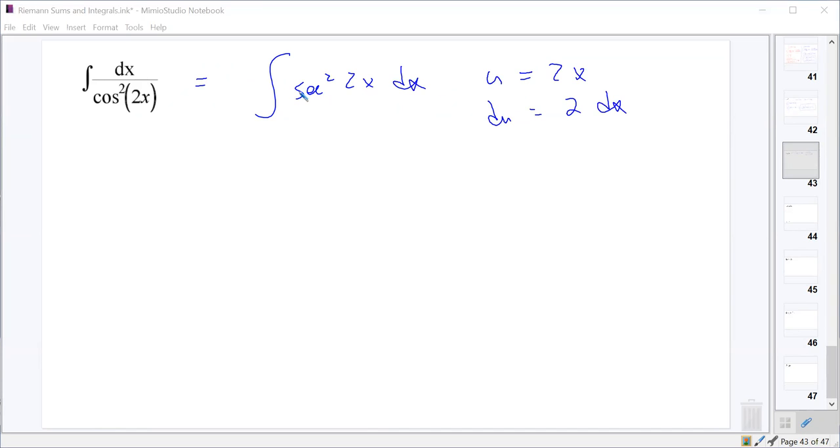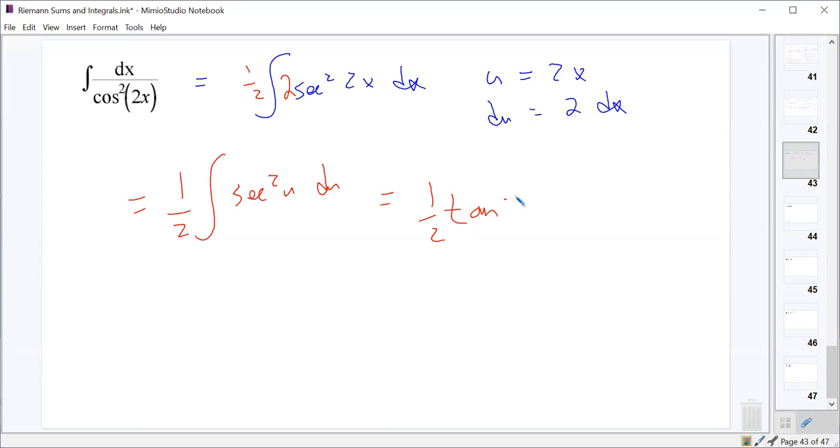So we put in a 2 and a 1/2, which gives us 1/2 the integral of secant squared u du. What's the integral of secant squared? Tangent. And tangent u is just tangent 2x, and we'll add our constant in.